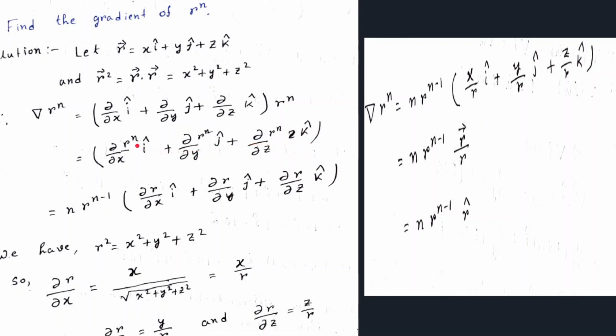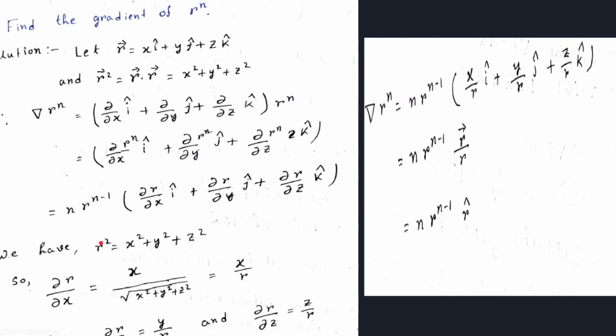Now the derivative of this term is n r to the power n minus 1, but r is not exactly independent of x, so we have to write dr dx i cap, dr dy j cap, and dr dz k cap times n r to the power n minus 1. Now we only have to find these values.